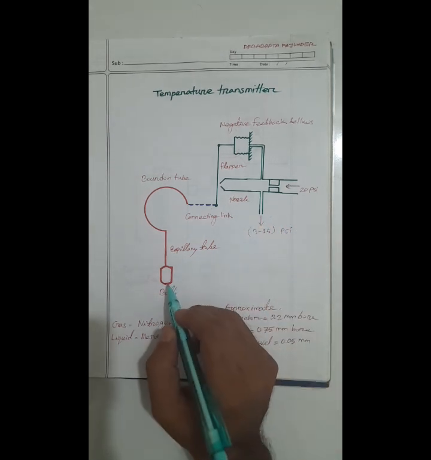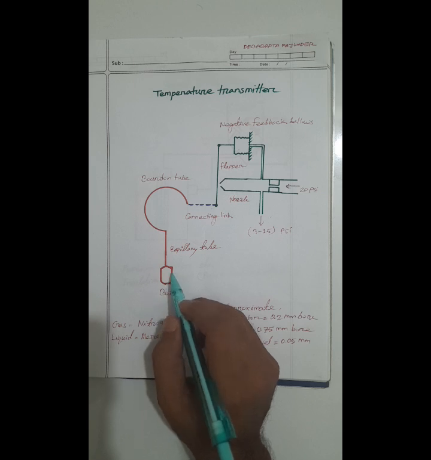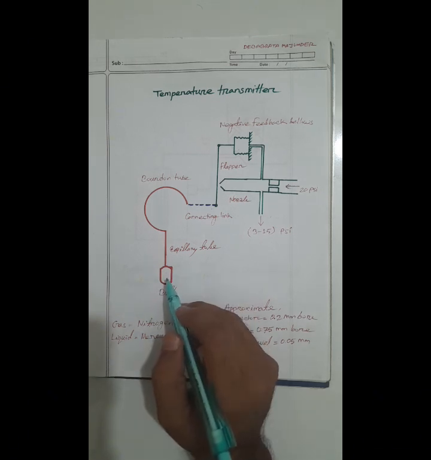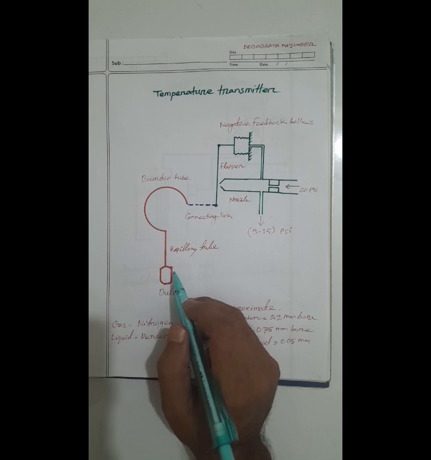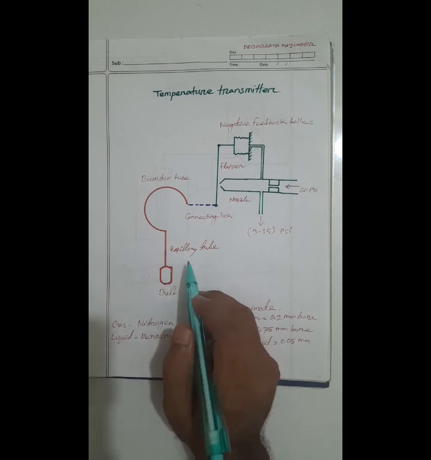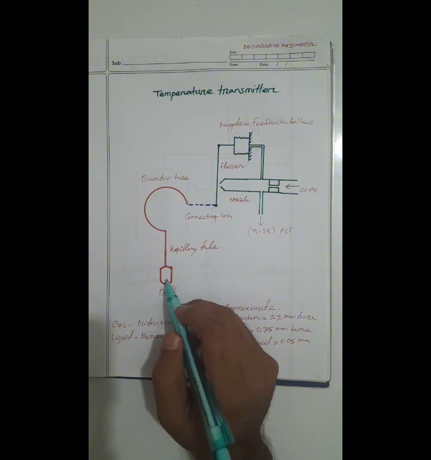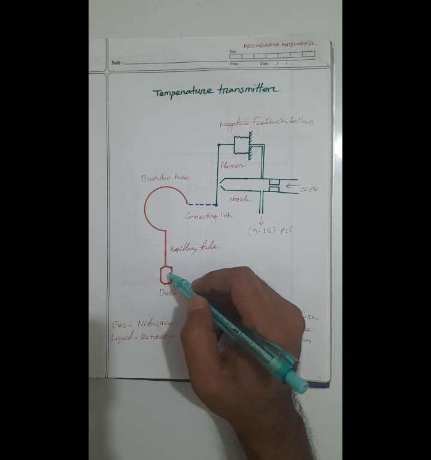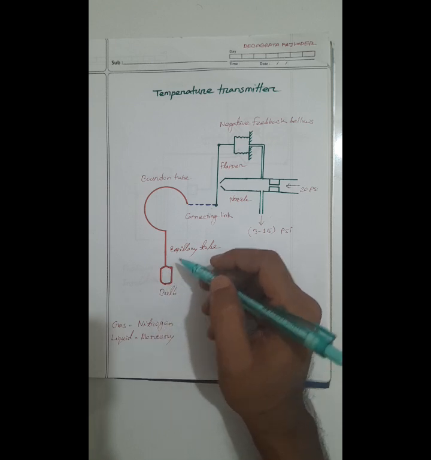That means this bulb is situated inside the tank. Whenever the liquid temperature of the tank increases, the mercury volume inside the bulb is also expanded. Due to the expansion of the volume of mercury, it causes a rise in pressure.